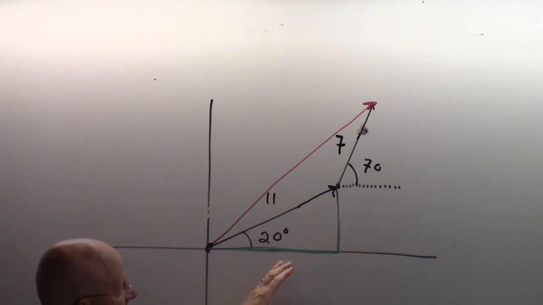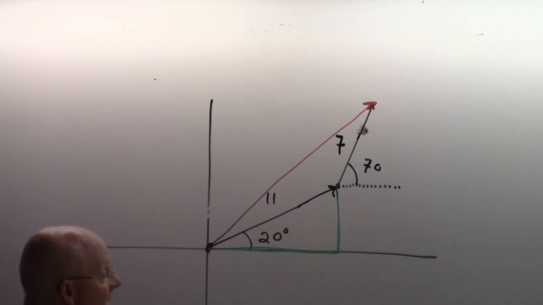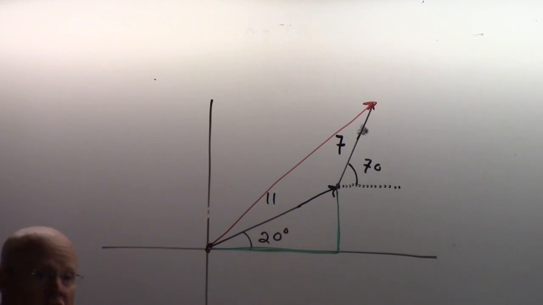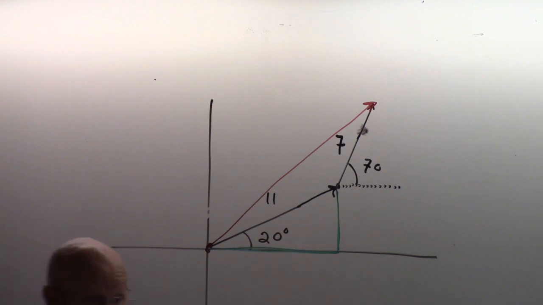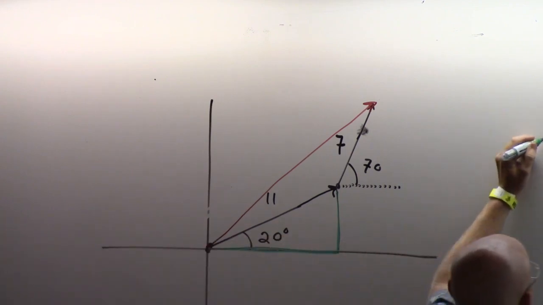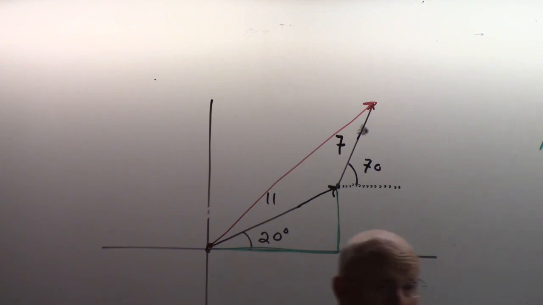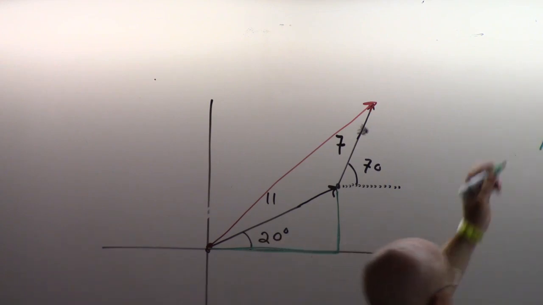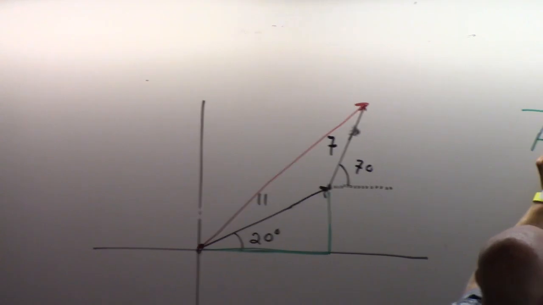We could think of it as an X and a Y. In fact, to put some notation here, we like to do this. We like to say if the first hike is called A, and because it has a direction, we put an arrowhead over it.